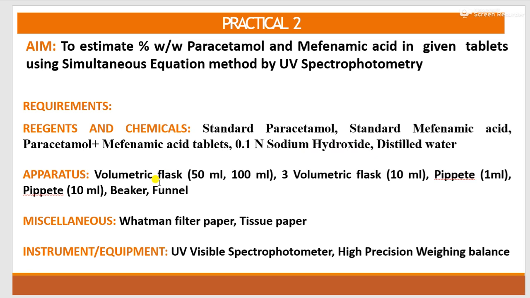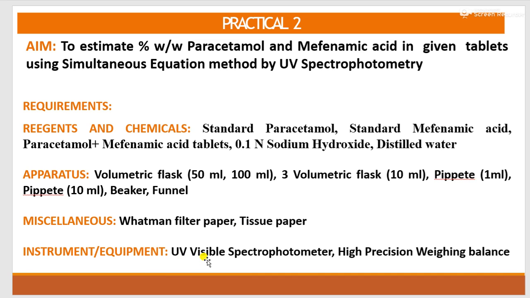Apparatus: you require volumetric flasks of 50 ml and 100 ml depending upon your requirement, then 10 ml volumetric flasks, pipettes, beaker and funnel. You require Whatman filter paper for filtration of standard and sample solutions, and tissue paper for wiping the cuvette.